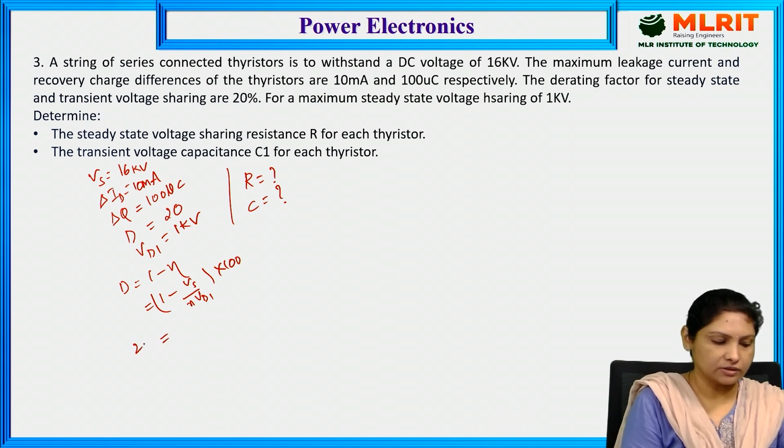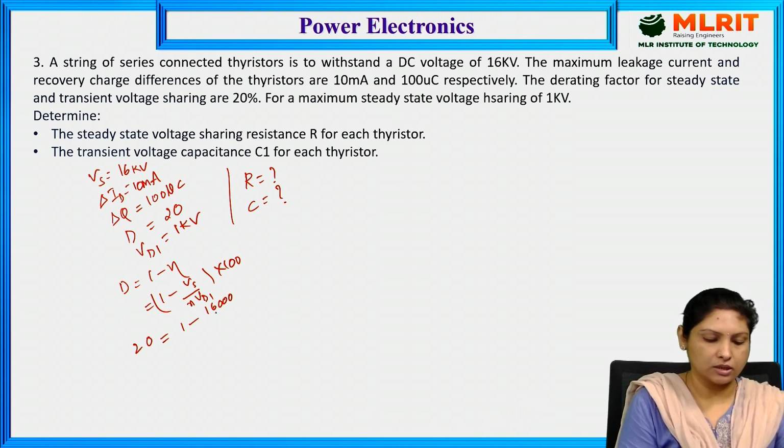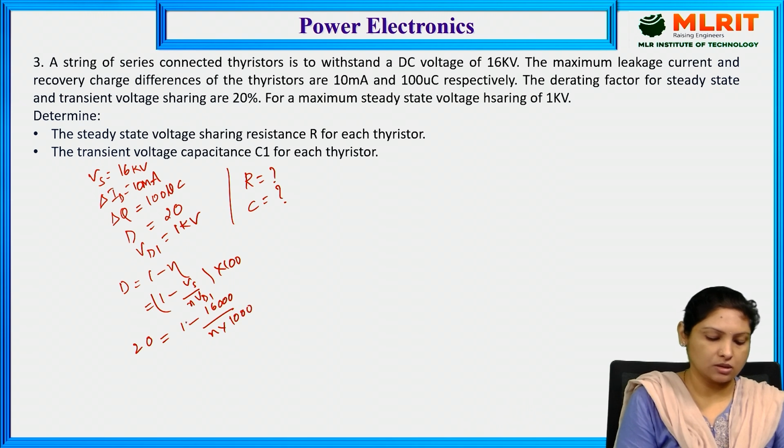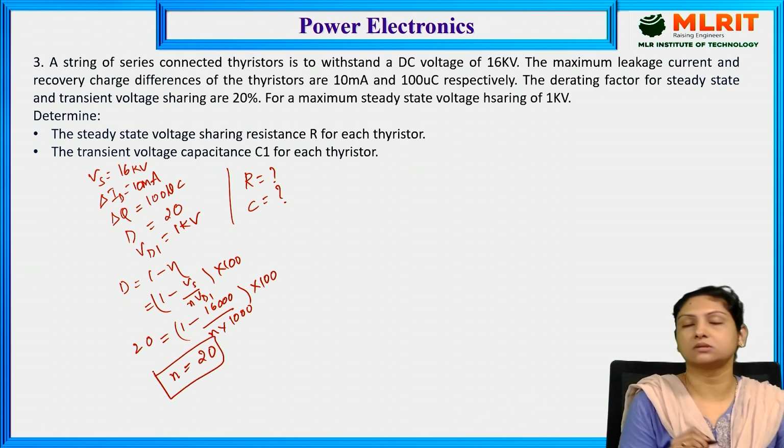The derating factor is 20, which is equal to 1 minus Vs, 16,000 volts, divided by N into VD1, given as 1 kilovolt, that is 1000 volts, multiplied by 100. We get N equal to 20 in this case if you resolve this.